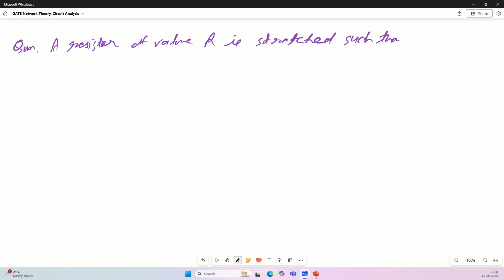The question is, a resistor of value R is stretched such that its length increased by n times the original length.